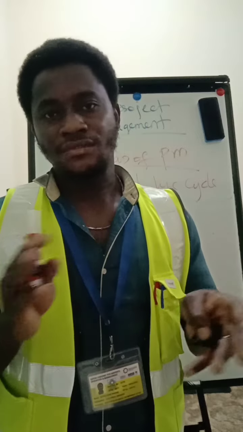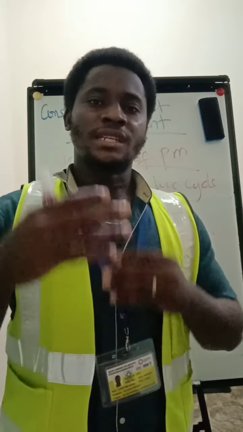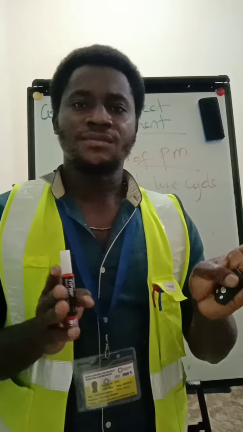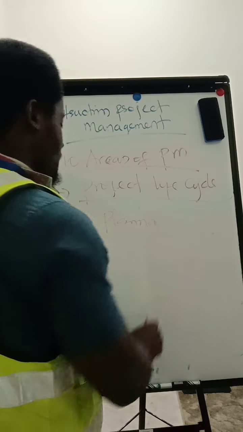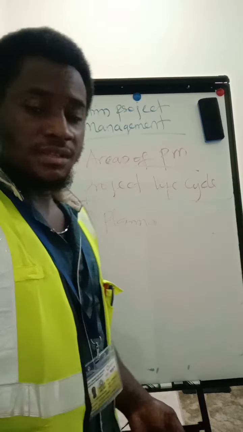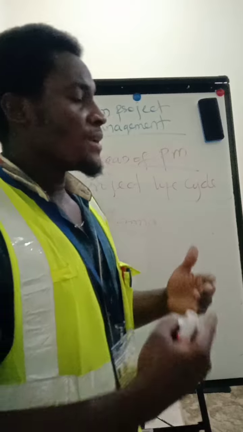We identify the predecessor activities and the succeeding activities, and then also identify the finish to start activities, the start to start activities, the finish to finish activities, and the start to finish activities. We identify all that so that we'll be able to prepare a Gantt chart, which will be the activities versus the time.